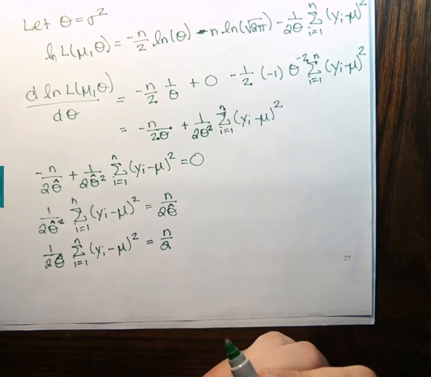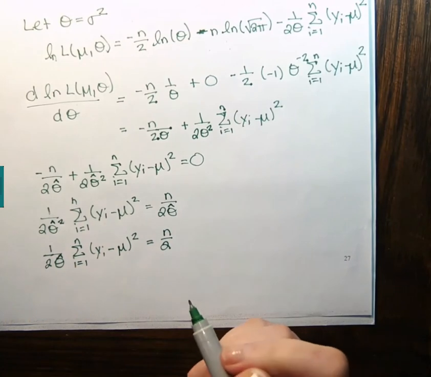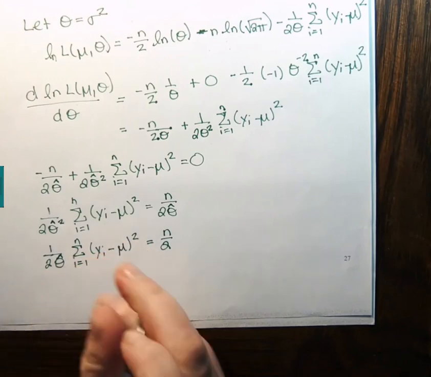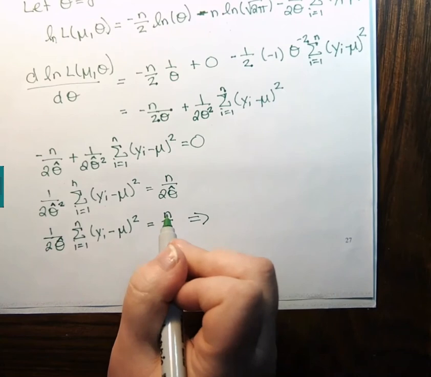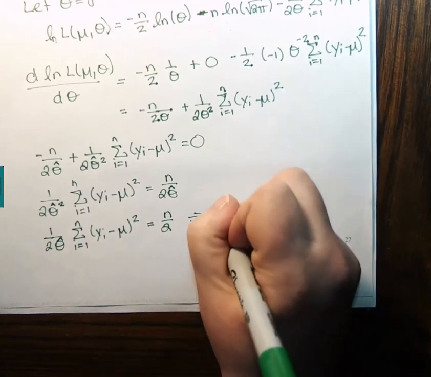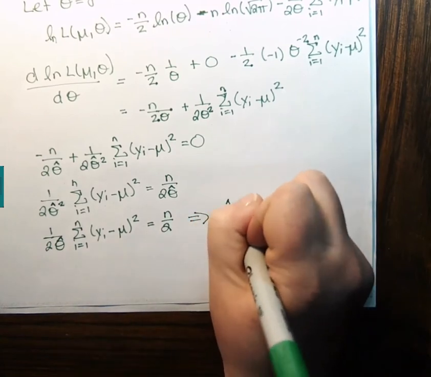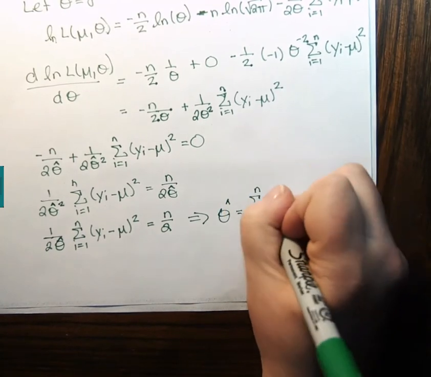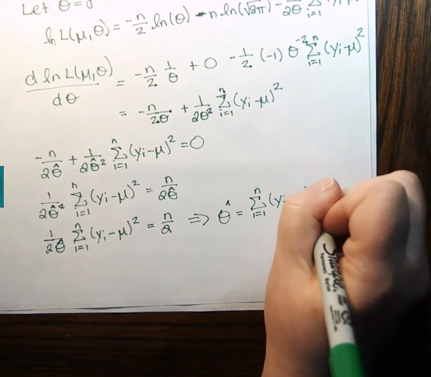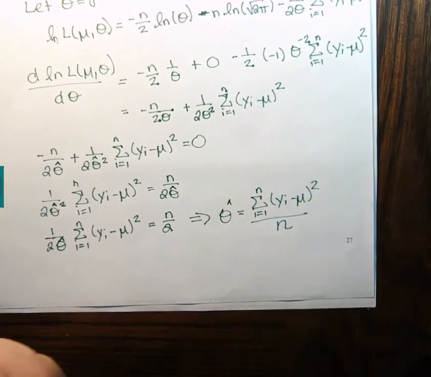Notice these 2's are going to cancel if I multiply both sides by 2. So if we multiply both sides by theta and divide both sides by n, we get that theta hat is equal to the sum i equals 1 to n (y_i minus mu) squared divided by n.